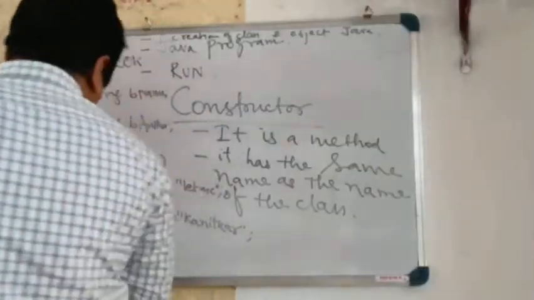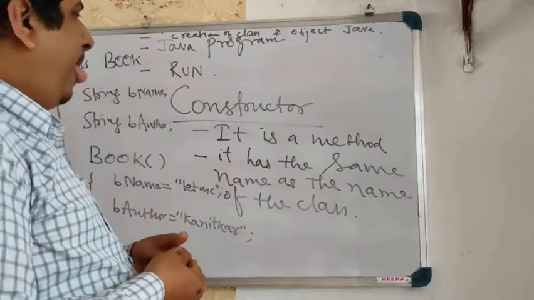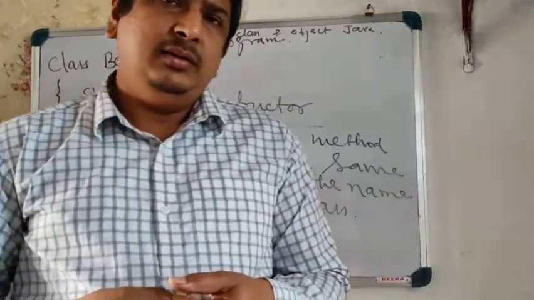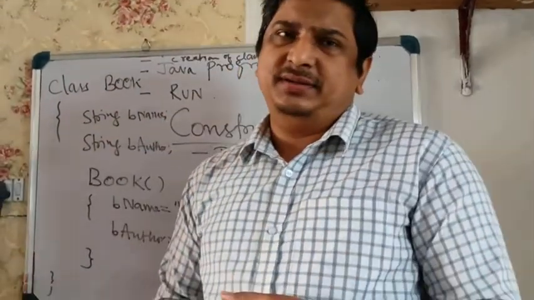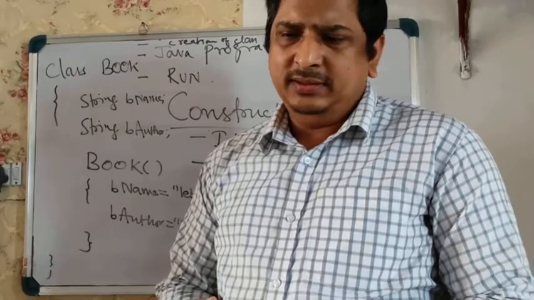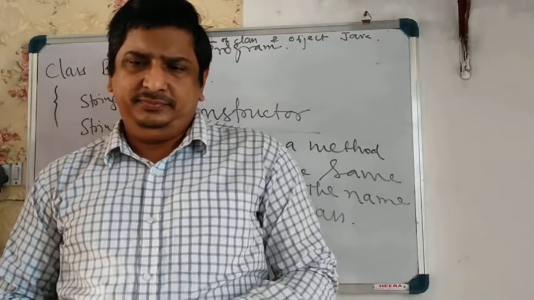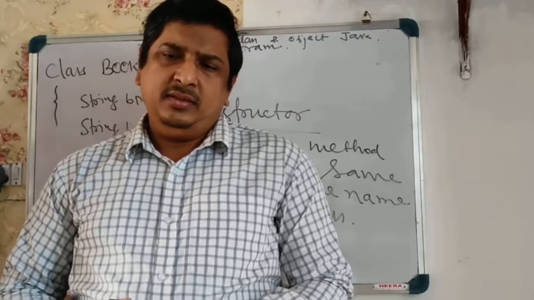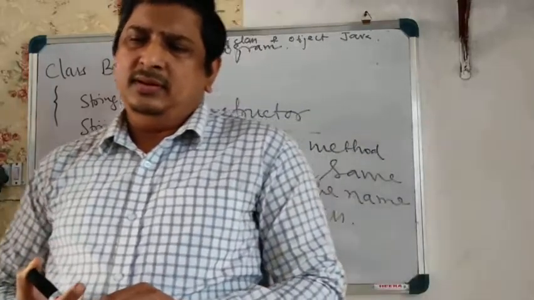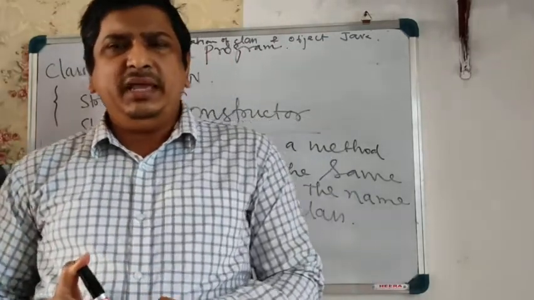So, to understand it in a better way, the third point, please write down, a constructor contains the method which is executed first, during the object instantiation, and if constructor execution fails, then object creation also fails.